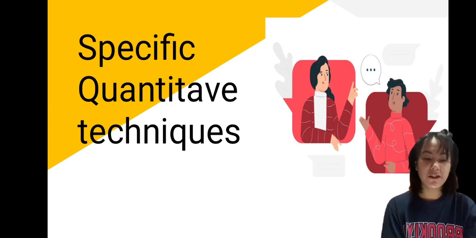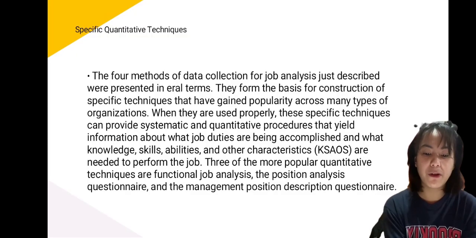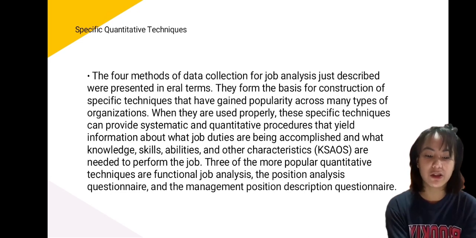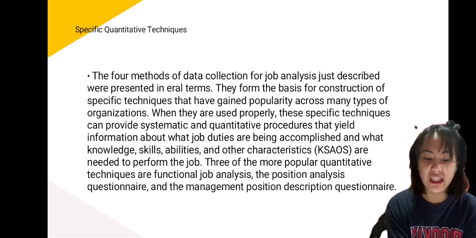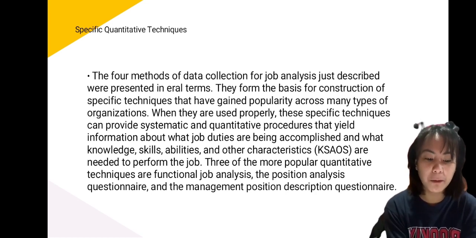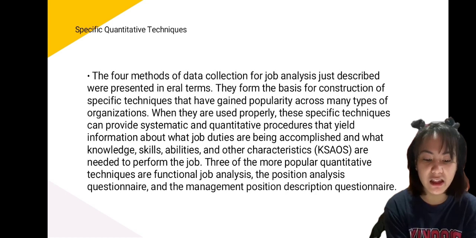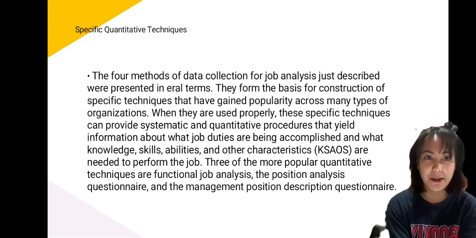Specific quantitative techniques. The four methods of data collection for job analysis just described were presented in general terms. They form the basis for the construction of specific techniques that have gained popularity across many types of organizations.